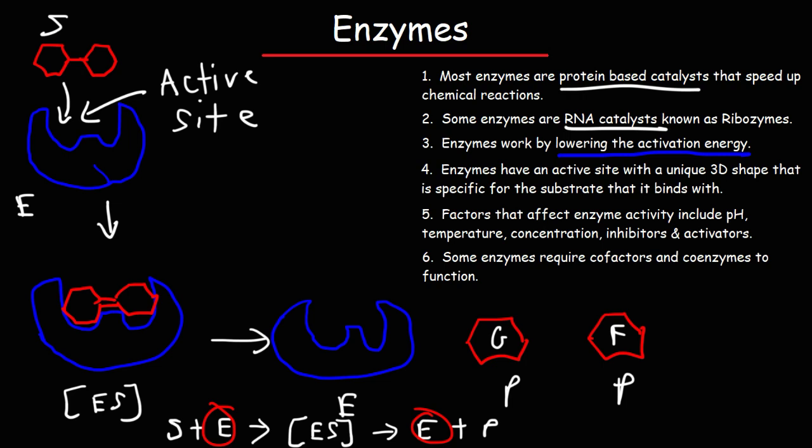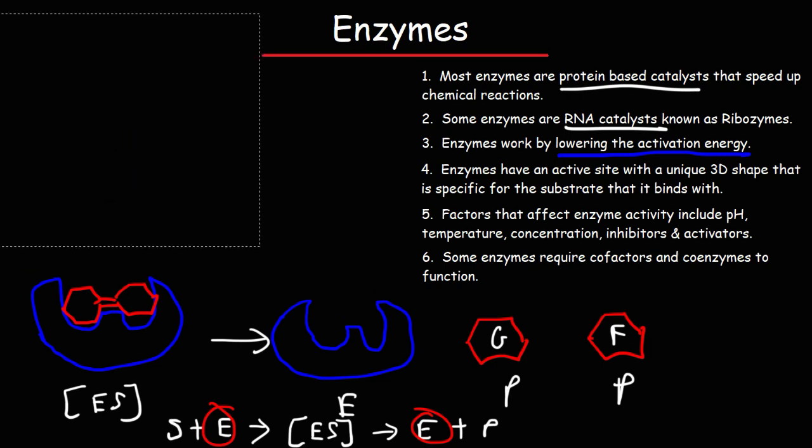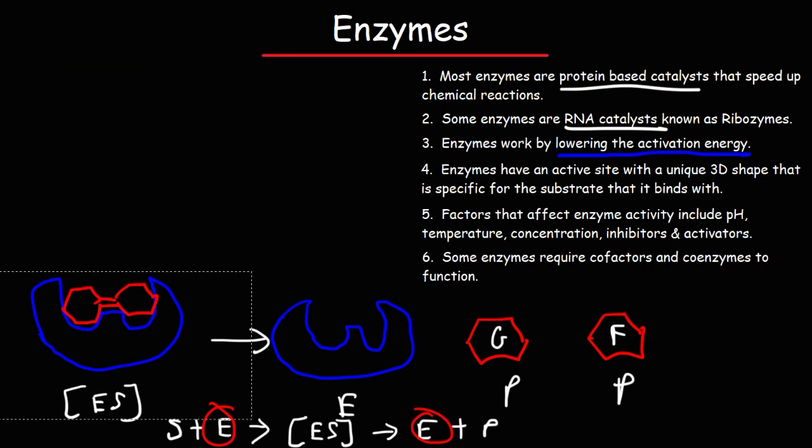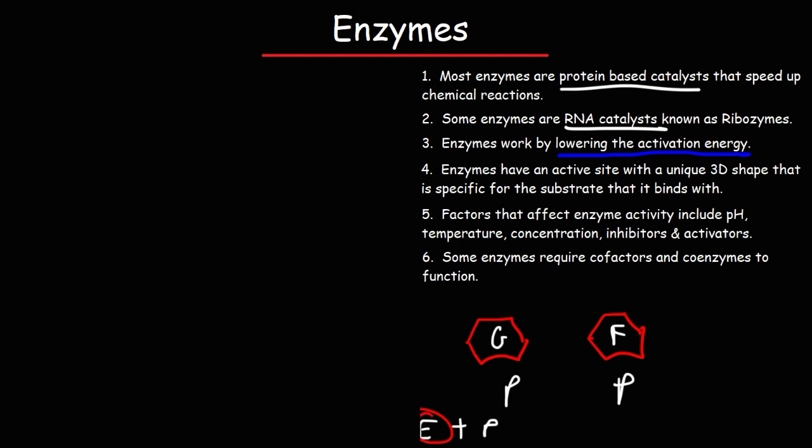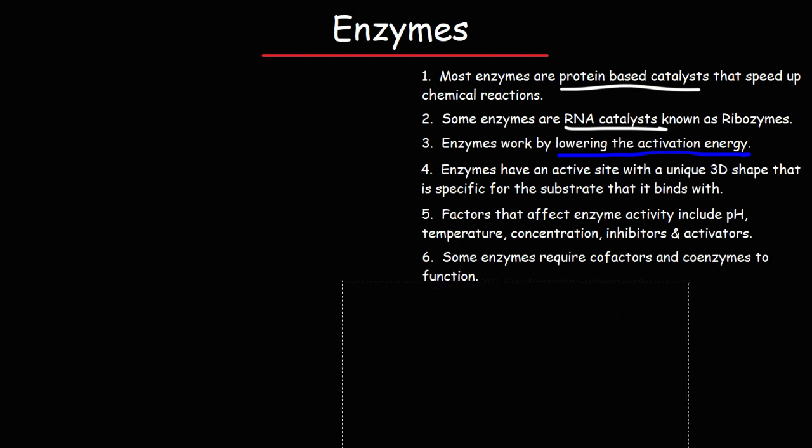Now let's move on to the next point, the factors that affect enzyme activity. So the first one is the pH. Enzymes have an optimal pH upon which they work.